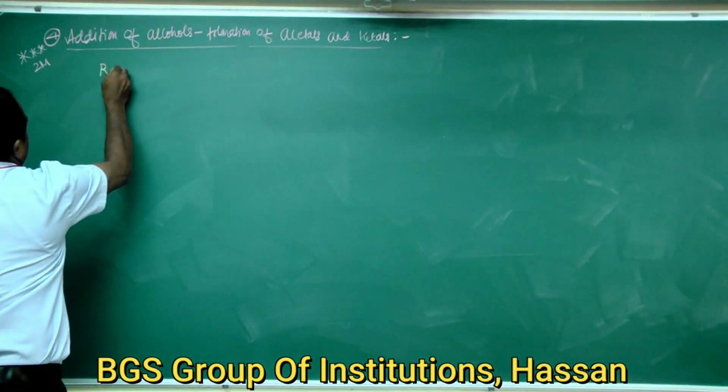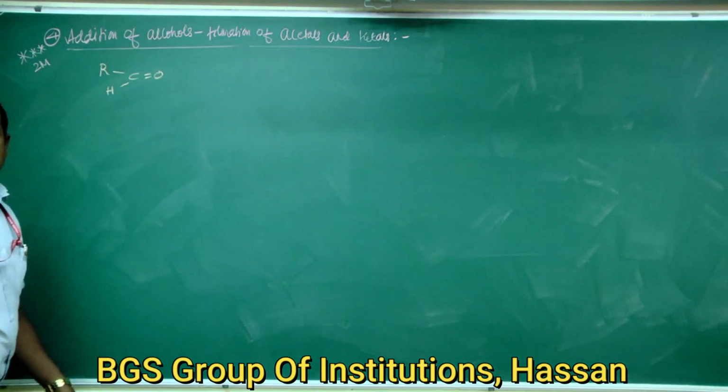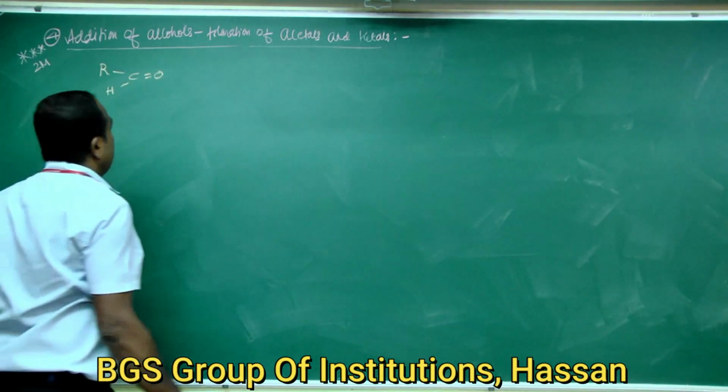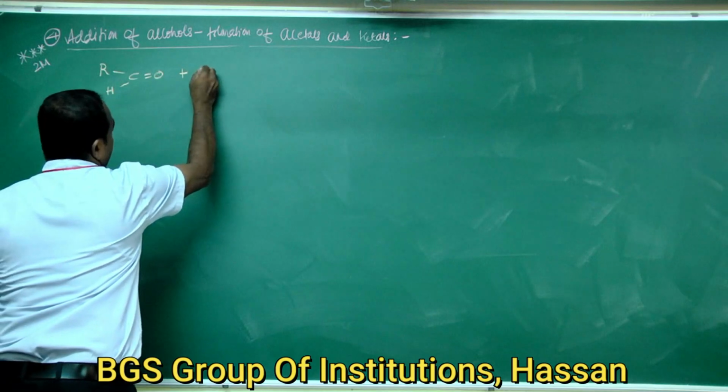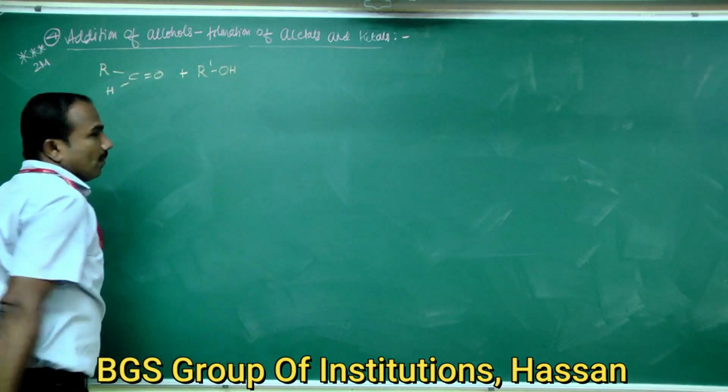Aldehydes, RC double bond O connected to H, that is RCHO, add to alcohols ROH.